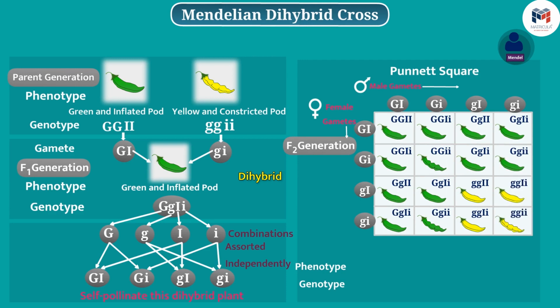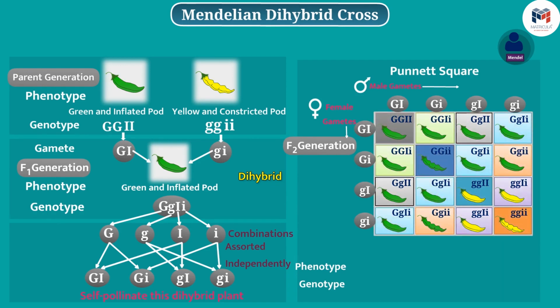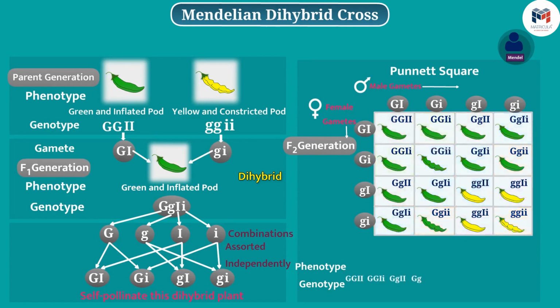Now we can see that in 16 parts of the Punnett square, there are 9 different genotypes. That's why the genotypic ratio of dihybrid cross is this. But under the rule of dominance, dominant character will be expressed.